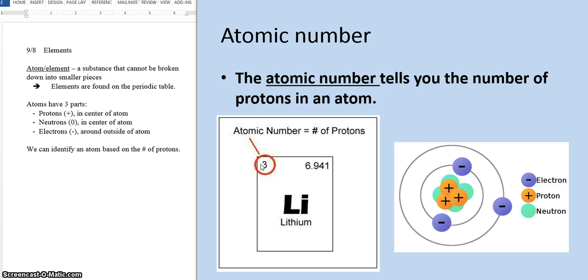This number appears on the top of the box. So you see lithium's box here and the atomic number is circled. We can also see that model on the side. That is also lithium. I know it is lithium because it has 3 protons, and the atomic number for lithium is 3.